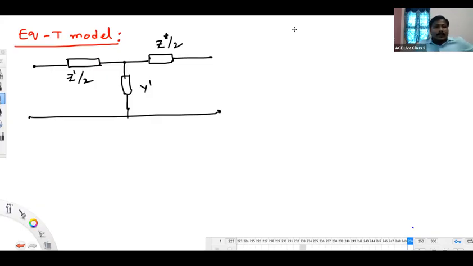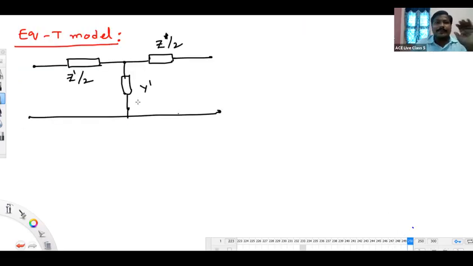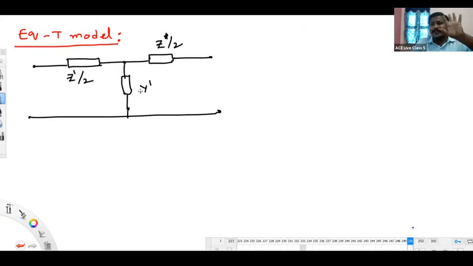Now again you take the ABCD of this T model, and already we know the ABCD of the line. Match them together and try to find the values of Z dash by 2 and Y dash. With which parameter will we start? Parameter C. Because in the T model, parameter C itself is Y dash, and here the parameter C of the line is 1 by ZC sinh gamma L. So whatever parameter C we have for the line, we should keep as a shunt element.